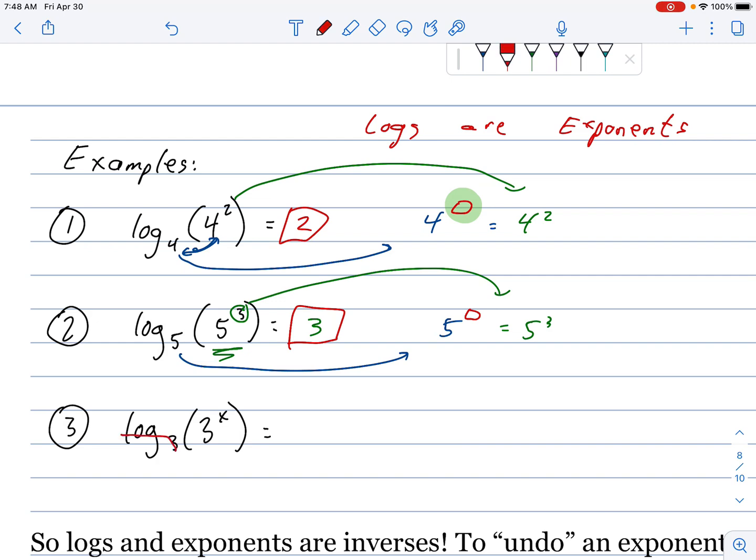If I have a log of the base that matches the base of an exponent inside of it, they cancel, and I just get that little power in there. So again, that's based on the idea that logs are exponents, just like we saw up above, except the opposite. Instead of a base to a log, an exponent, log as the exponent, we have an exponent inside the log.